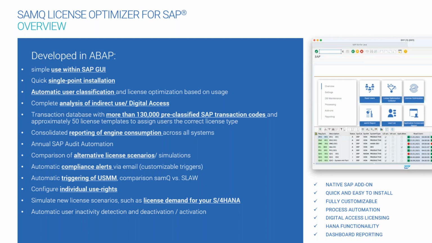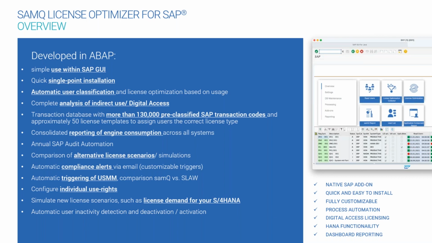This helps you to look at other license types, even simulate different, as I said, S4HANA, etc. We can do compliance alerts, especially in your engines. If you're going to run over a specific alert or engine volume, we can put a specification in that says you've reached 90% of your engine usage and customize a trigger for that via email. We can trigger the USMM automatically and do the comparison between SAMQ and SLAW.